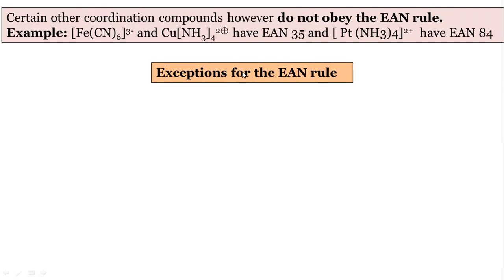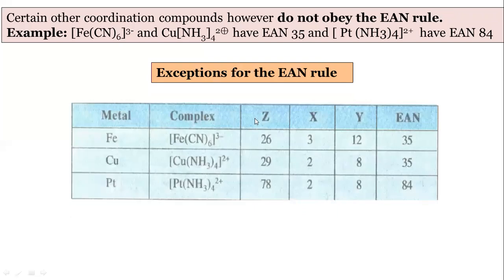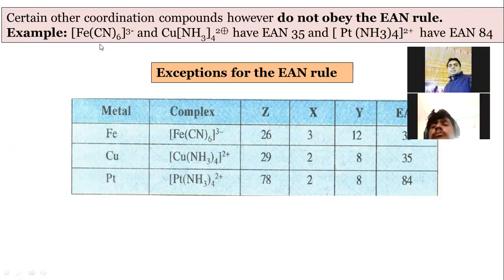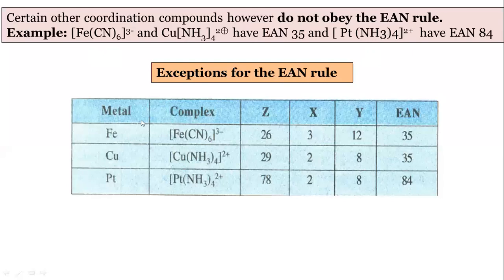So we will calculate the EAN and then we will decide what the effective atomic number is. We will take this example: Fe(CN)6 3-. You know the atomic number of Fe is 26. X is the number of electrons lost when the metal forms the metal ion.